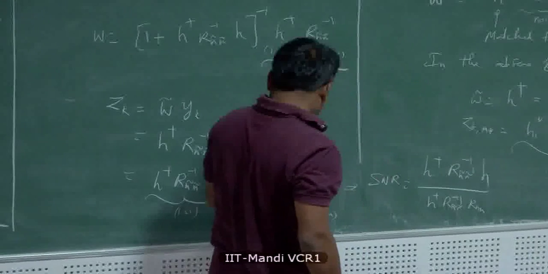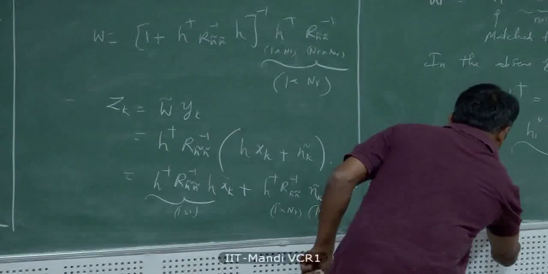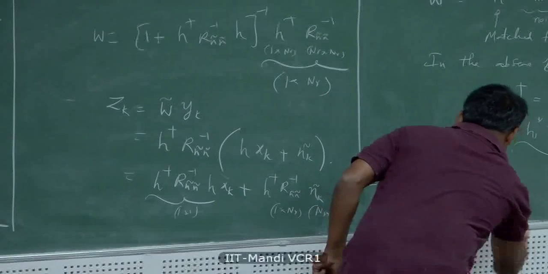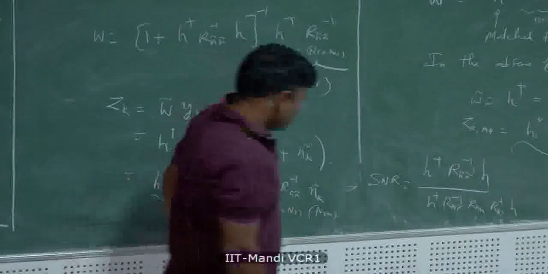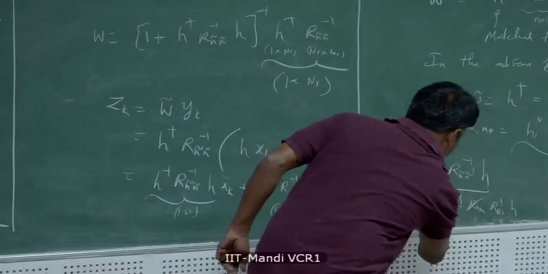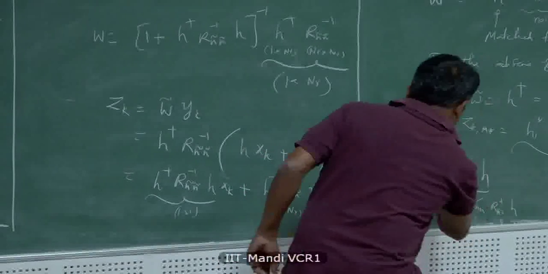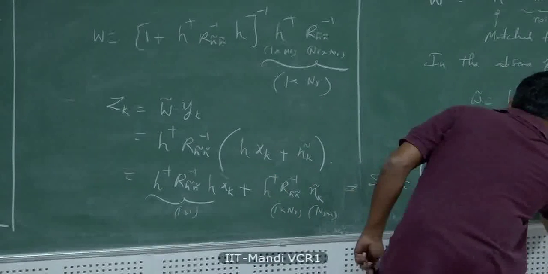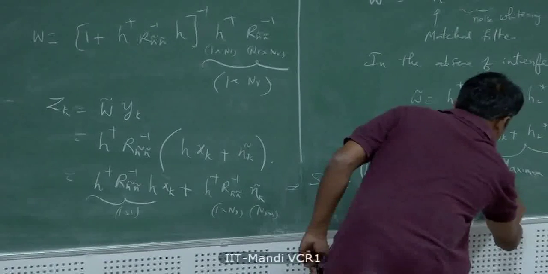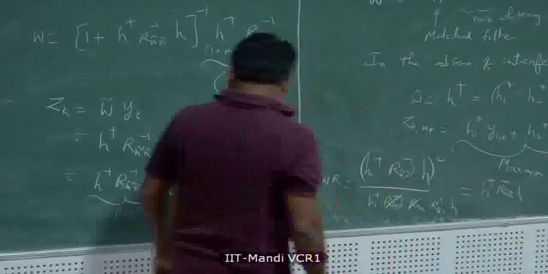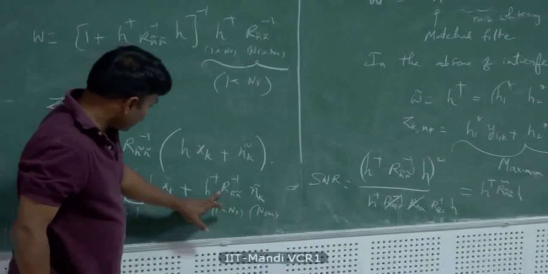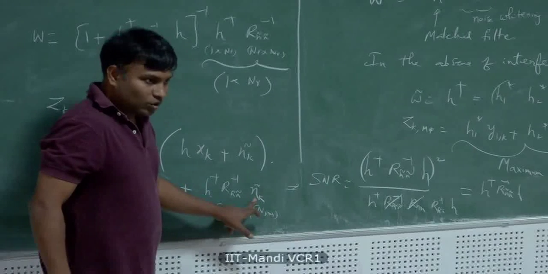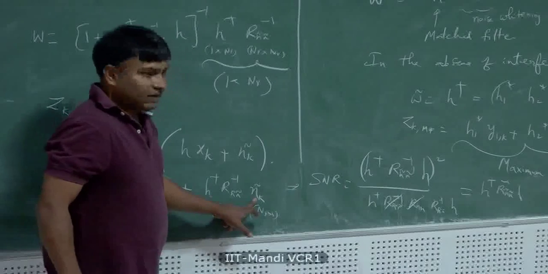And again you will get Rn tilde inverse H because you will take Hermitian of it, and this cancels this, you will get H Hermitian Rn inverse H, and this would be squared because amplitude squared is a power, and you will get H Hermitian Rn inverse H. So what this does is that it takes noise which is colored in spatial dimension, it has a covariance, and it makes it white noise.